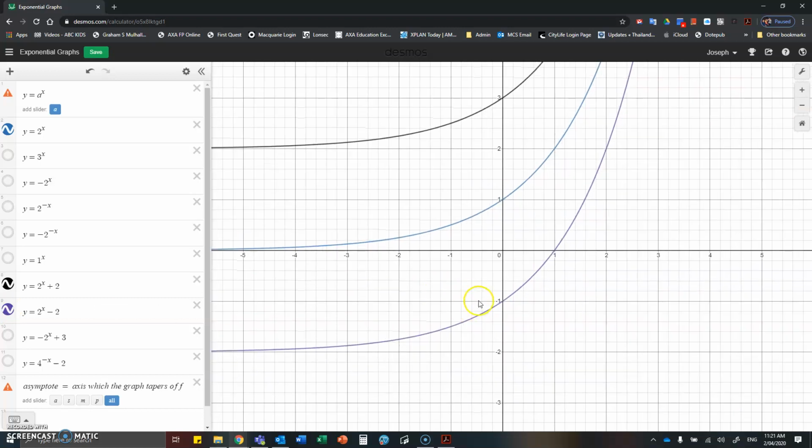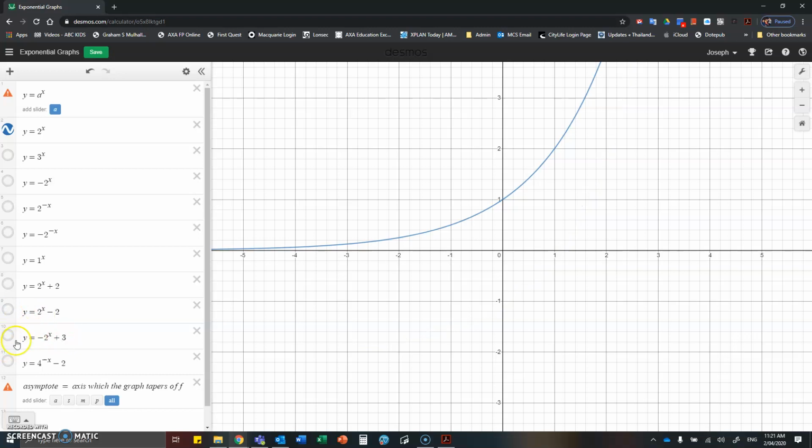And that simply is the case here. So we've got y equals 2 to the power of x, and making that negative 2, we are shifting the graph 2 units downwards.